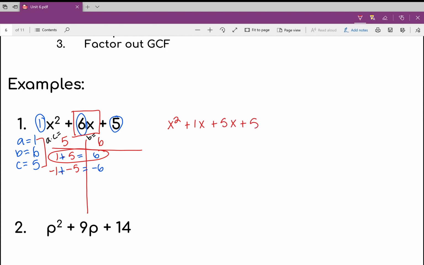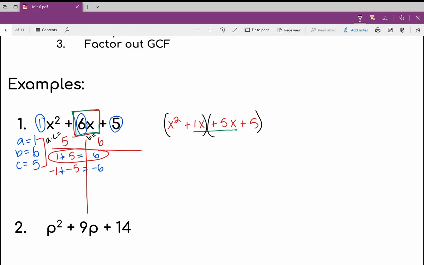Notice I took this 6x and made it 1x plus 5x. I split it apart. Then I'm going to group them into two sets of parentheses. The first two terms went in my first parentheses, the second two terms went in my second parentheses.